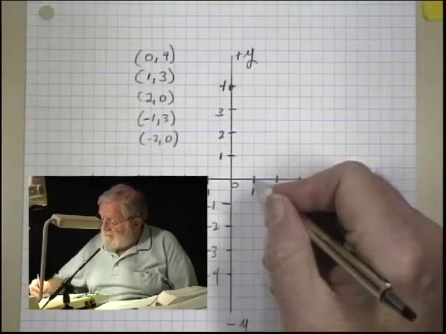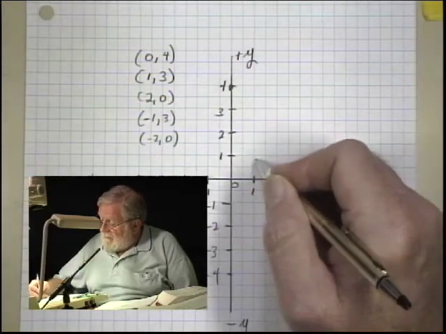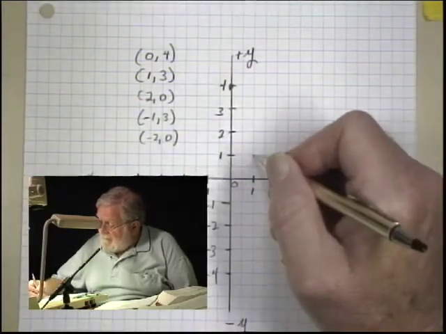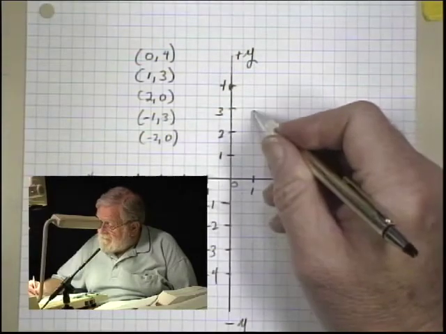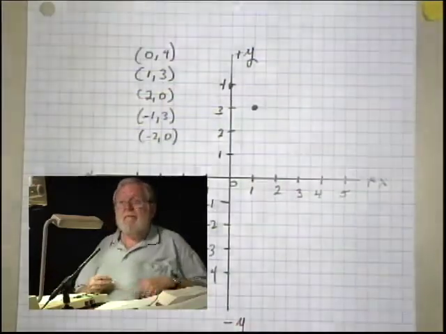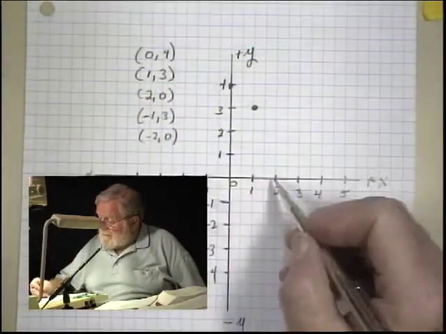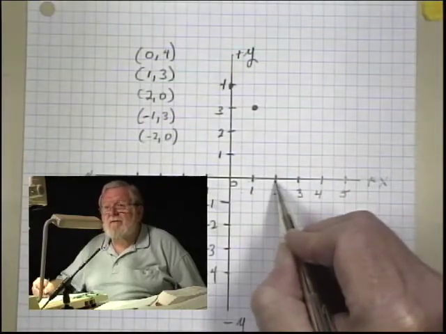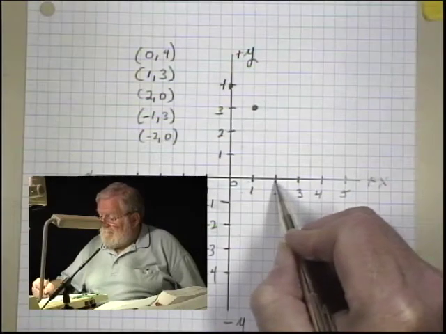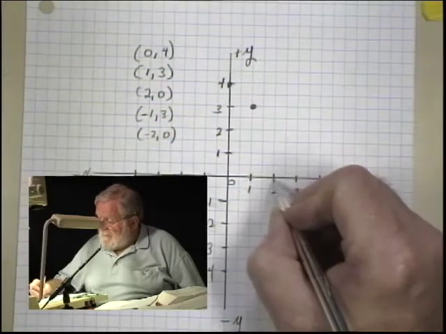And then we have x equals 1, y equals 3, so 1, and then we go up 3, 1, 2, 3. This is our second point. Our next point is x equals 2. Here's x equals 2. Y equals 0. That's this point.